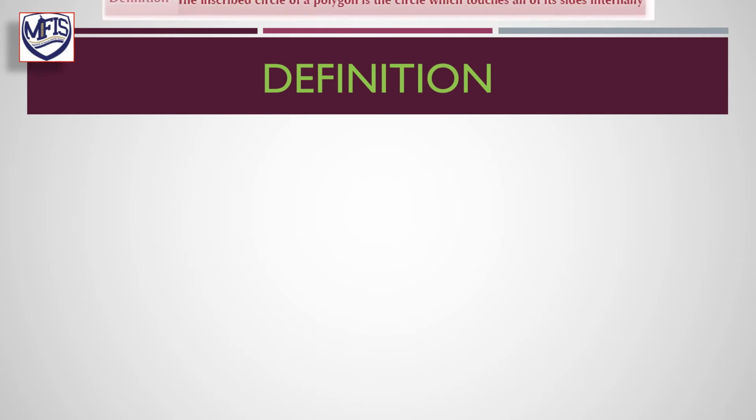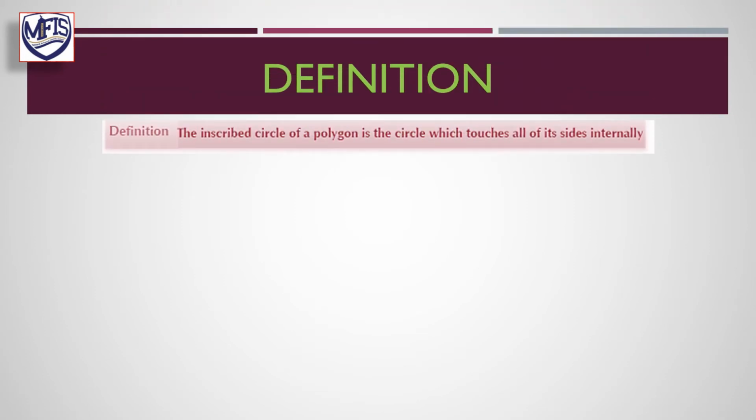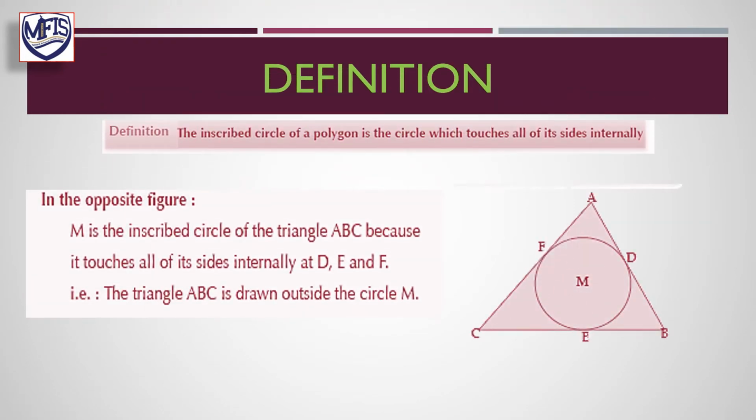Now, definition. The inscribed circle of a polygon is the circle which touches all the sides internally. Again, an inscribed circle touches all sides of any polygon internally.